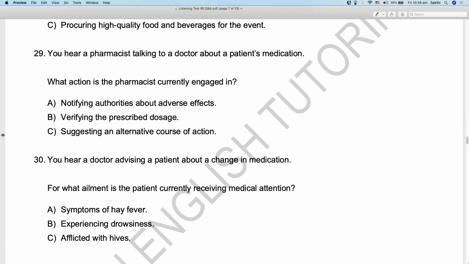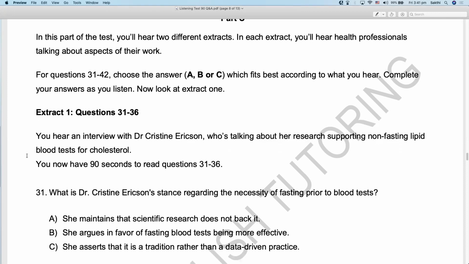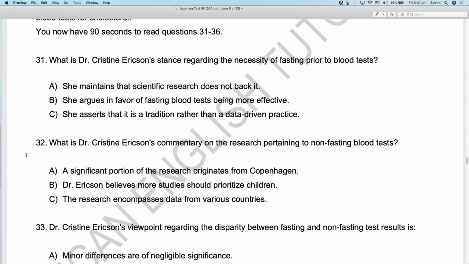That is the end of Part B. Now turn over and look at Part C. Part C, questions 31 to 42. In this part of the test, you'll hear two different extracts. In each extract, you'll hear health professionals talking about aspects of their work.